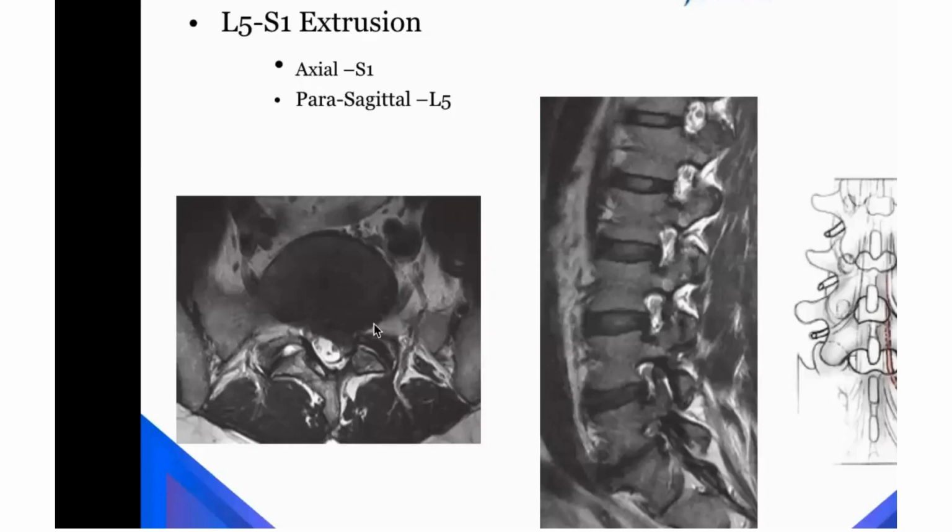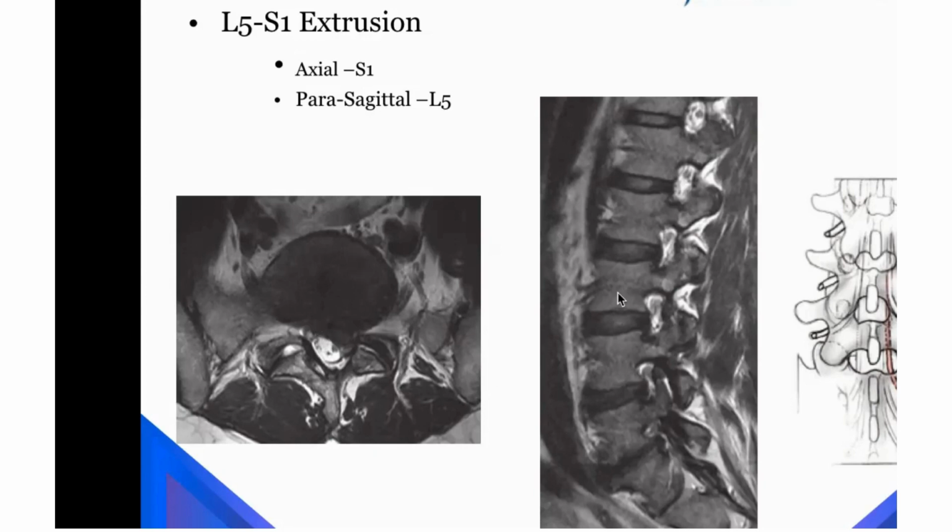Look at this. From axial sections, you can see the traversing root. On the right side, it's free. Left side, where is the root? The root is here. It is pushing the dural sac over here and pushing the root posteriorly. From the axial section, it looks like a central paracentral herniation.